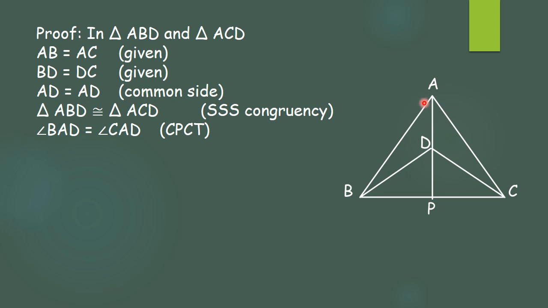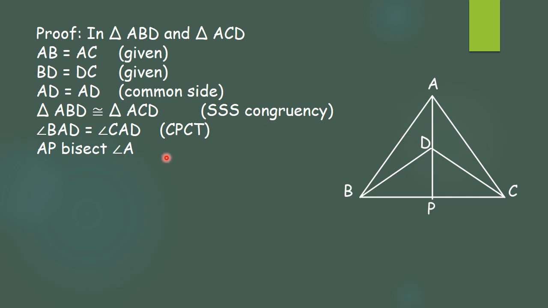So we can say that AP is an angle bisector of angle A, or we can write AP bisects angle A. In the third part, they have asked to prove AP bisects angle A as well as angle D. We have at least proved it bisects angle A. So the first part we have proved, and in the third we have proved half of the third part.